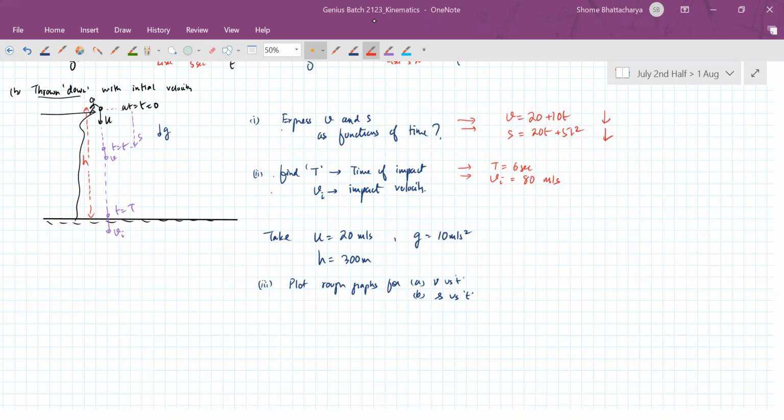Yes, good. Janvi, Mansi, Aparna, all of you got this correct. Sir, what is the height? 300 meters, beta. H is 300 meters. See, here it's given. H is 300, U is 20 meters per second, G we have to take as 10.